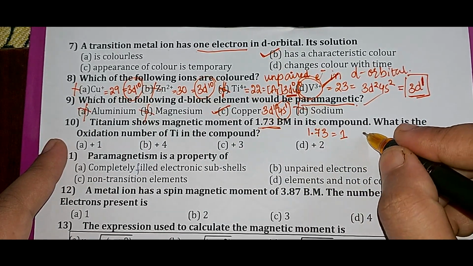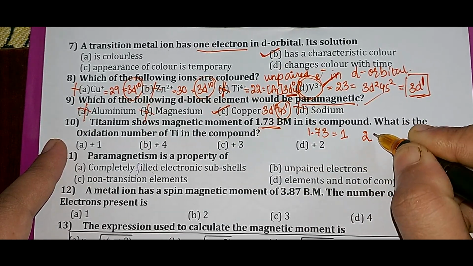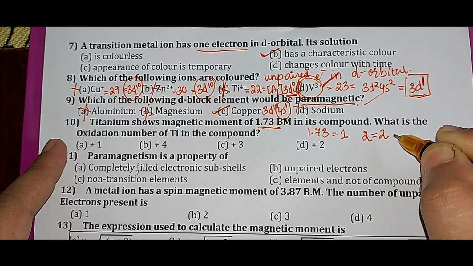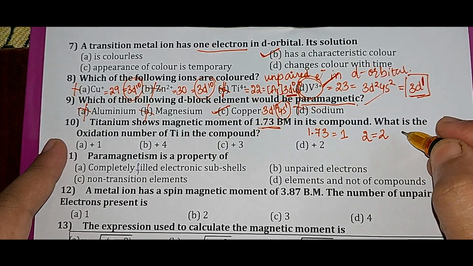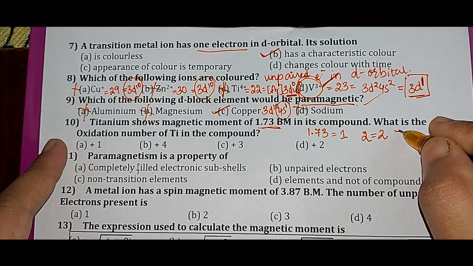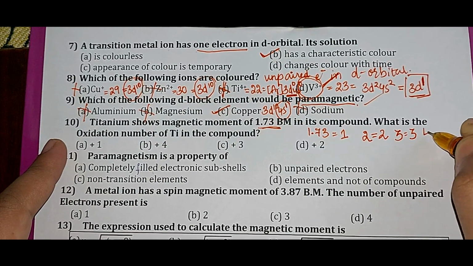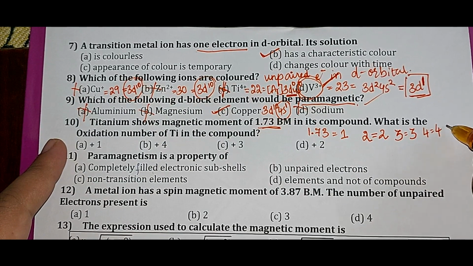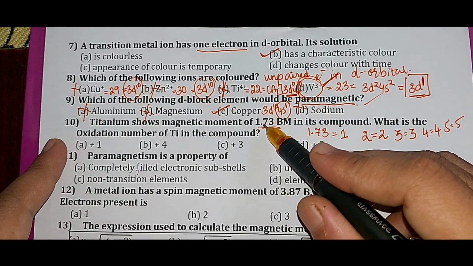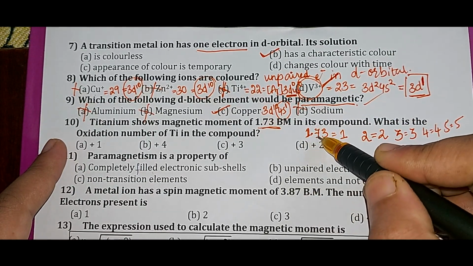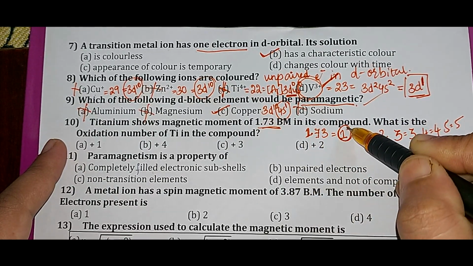If the magnetic moment starts with 2, it means it has 2 unpaired electrons. It is a trick to remember. If it starts with 3, it means it has 3 unpaired electrons. 4 means 4 unpaired electrons, and 5 means 5 unpaired electrons. So here the magnetic moment starts with 1.73, which means it has 1 unpaired electron.